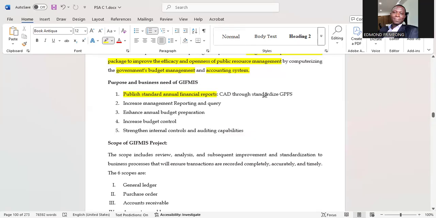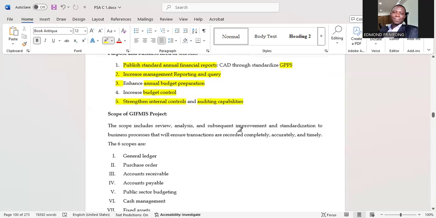So the Controller and Accountant General, through standardized general purpose financial statements. You should be familiar with this already from the conceptual framework. GIFMIS increased management reporting and query. It enhanced annual budget preparation. I mentioned that it also helps in budgetary control and it strengthened internal controls and auditing capabilities in the public sector. So these are the purpose and business need of the GIFMIS platform.